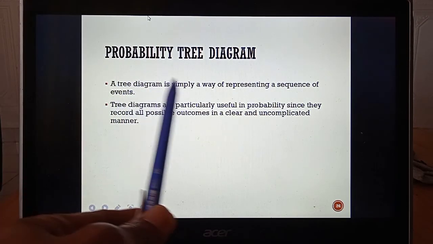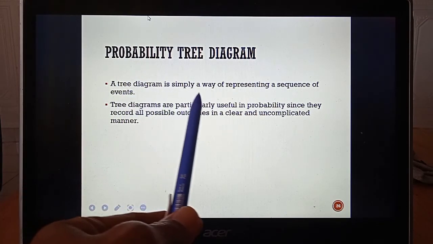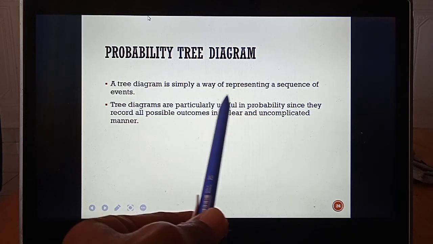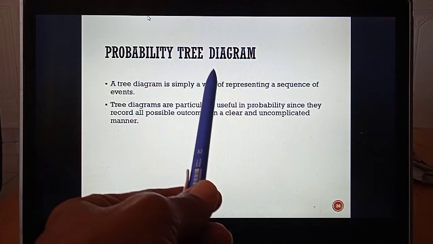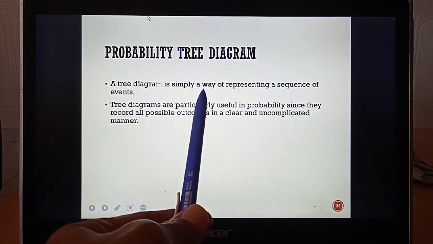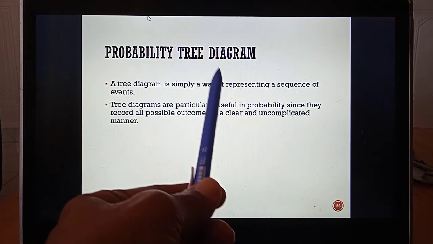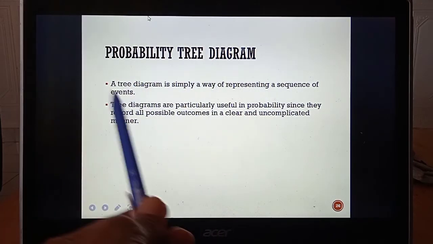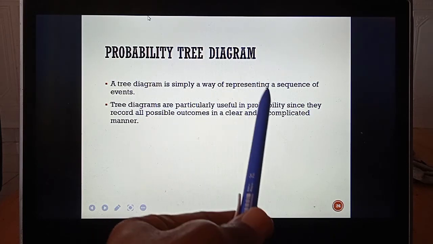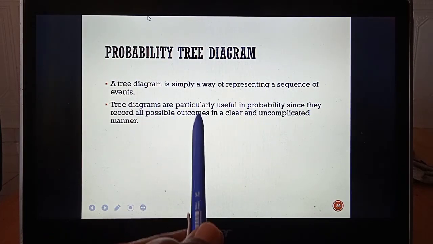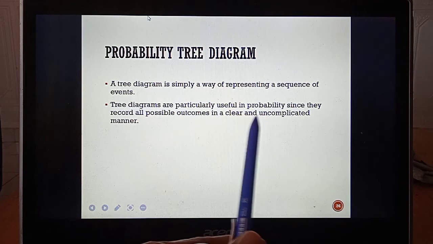Okay, probability tree diagram is simply a way of representing a sequence of events. So kalau kita ada number of events in sequence, kita boleh represent it using tree diagram, probability tree diagram. Tree diagrams are particularly useful in probability since they record all possible outcomes in a clear and uncomplicated manner.